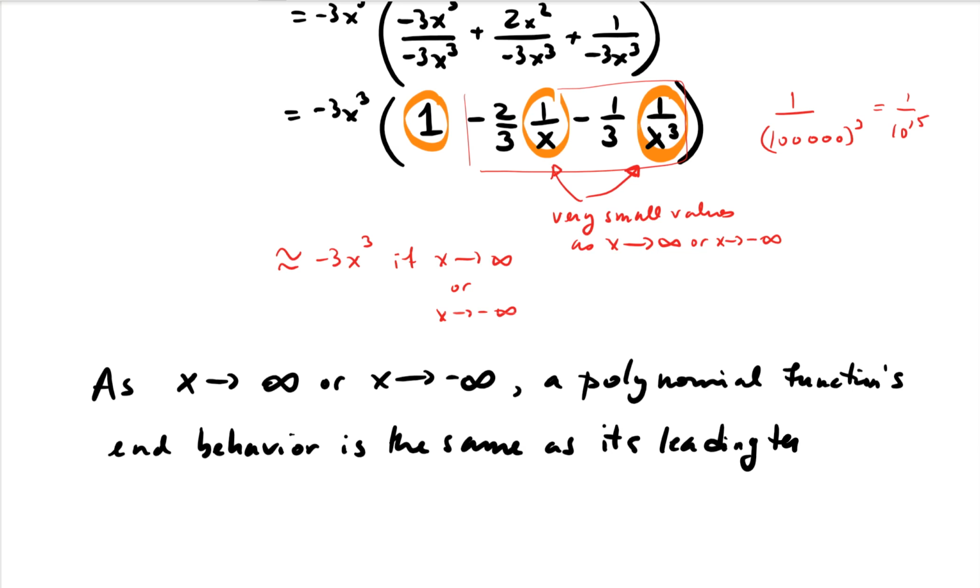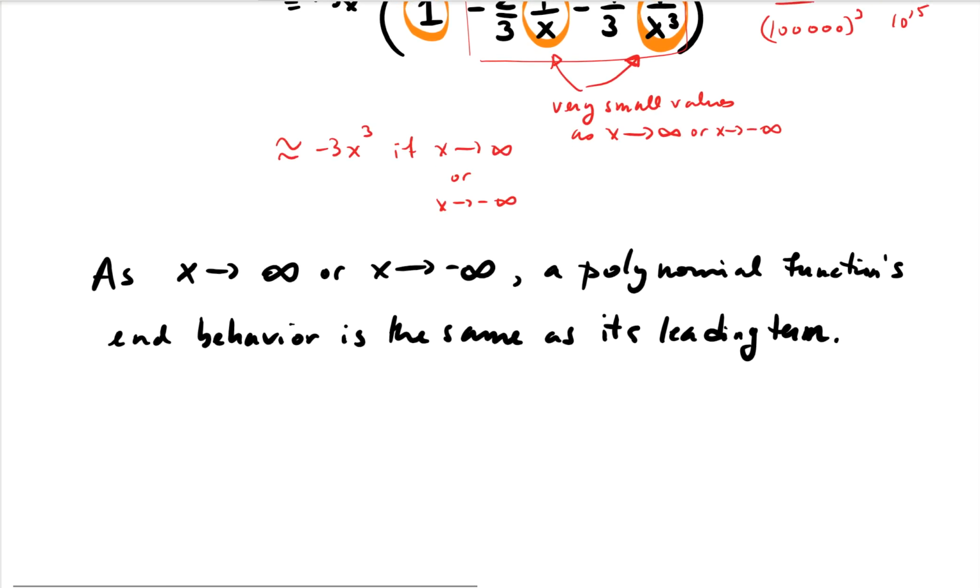And the leading term is a power function, and we know the long-term behavior of power functions. Okay, so f of x is approximately minus 3x cubed when x goes to plus or minus infinity.